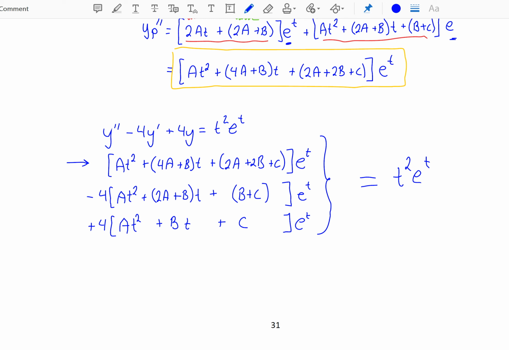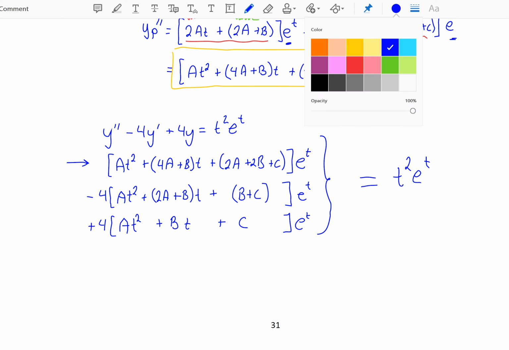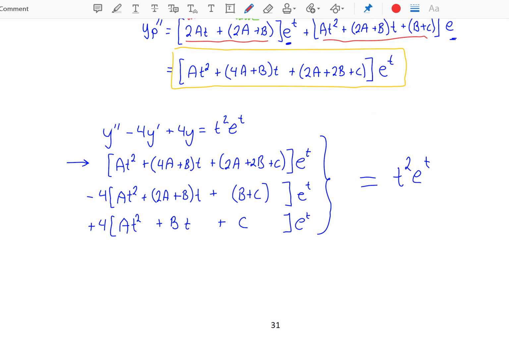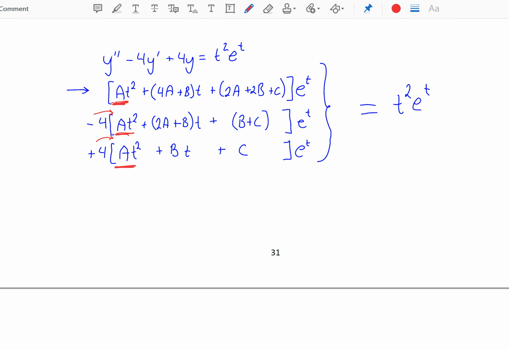So I think what we need to do is go to the next page and start to combine like terms. So what I want to do is let's first look at the t squared terms. Let's combine this t squared term. Don't forget to multiply the 4 in and the negative 4. So let's combine all of our t squared terms together. And notice that those second two, the negative 4at squared and the positive 4at squared, will cancel.